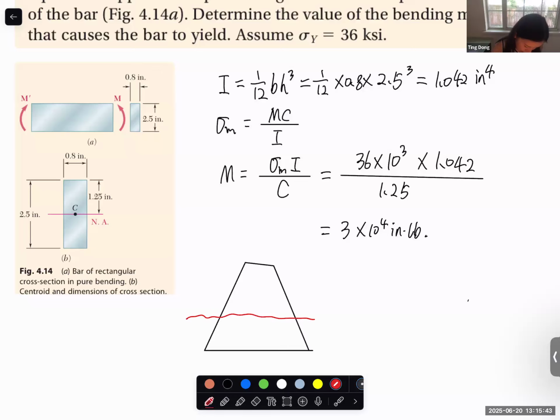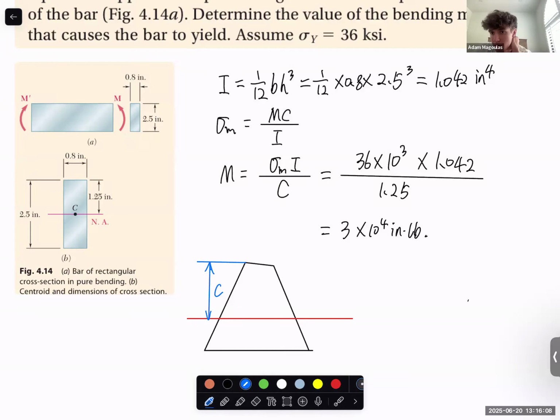You would expect the centroid somewhere like the neutral axis of this trapezoid shape. Let's say this is the neutral surface, then this becomes the c. So you'd have to calculate the centroid.